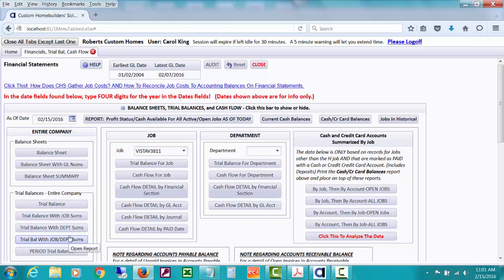By the way, you can go do your list of checks, and in your list of checks you can ask for how much of these checks, even if you paid for 3 or 4 jobs on one check, you can ask for it to show you how much on the checks was only for one job, which can be handy if you're doing some sort of request for reimbursement of those checks from somebody. Usually you use draw request, but you can use list of checks, and that will be demonstrated more in the draw request videos. So I wanted to make you aware of that.